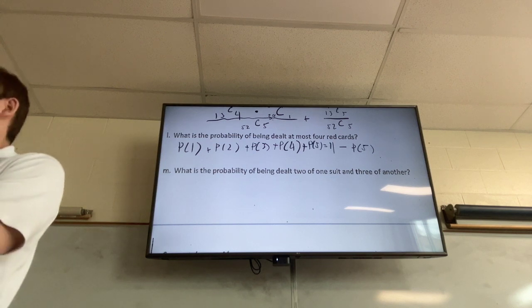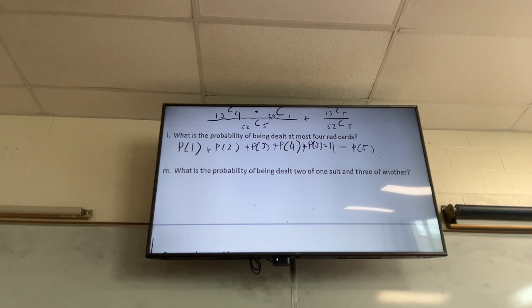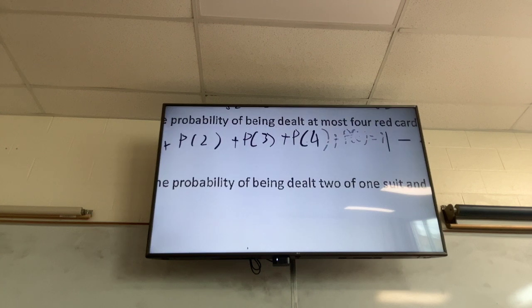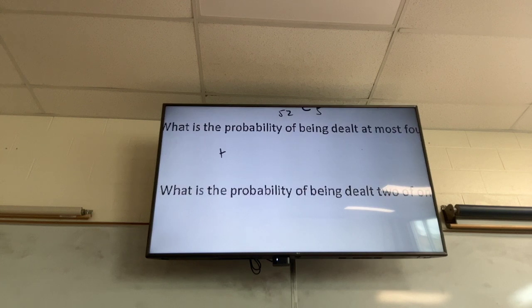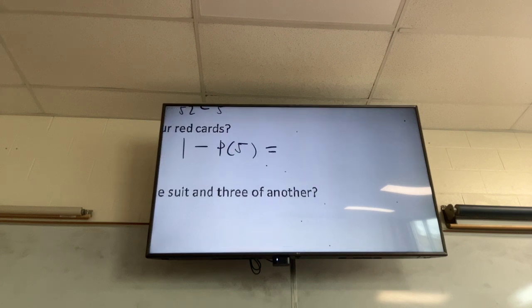You have to have a 100% chance of getting some number of red cards. So I'm going to do 1 minus P5. What's the probability of getting 5 red cards? How many red cards are there? 26 red cards. So it'd be 1 minus 26 choose 5, divided by 52 choose 5.